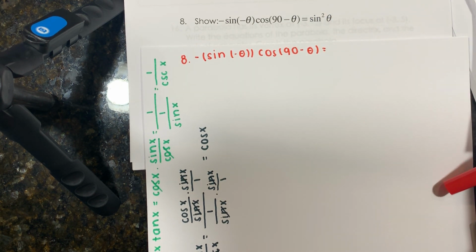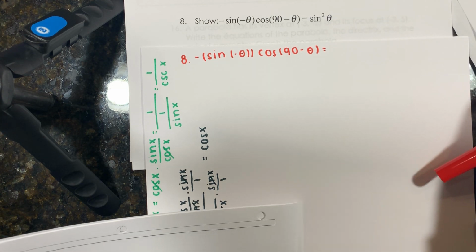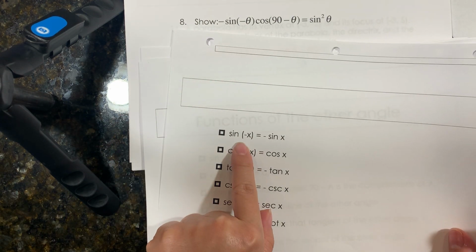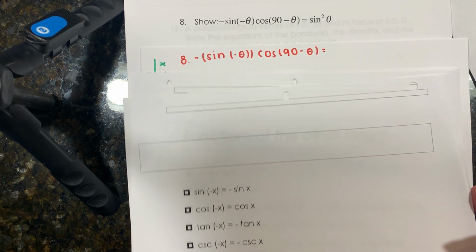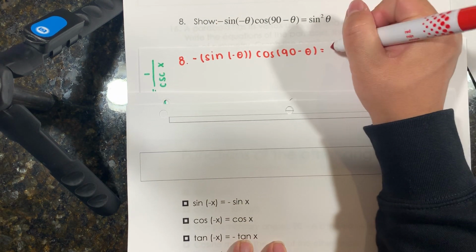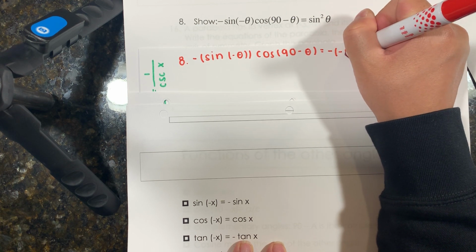So what I'm going to do is flip to my first slide, which told me that the sine of a negative value is equal to negative sine.